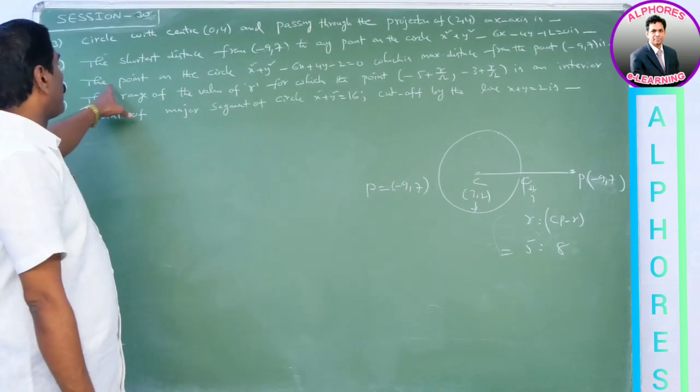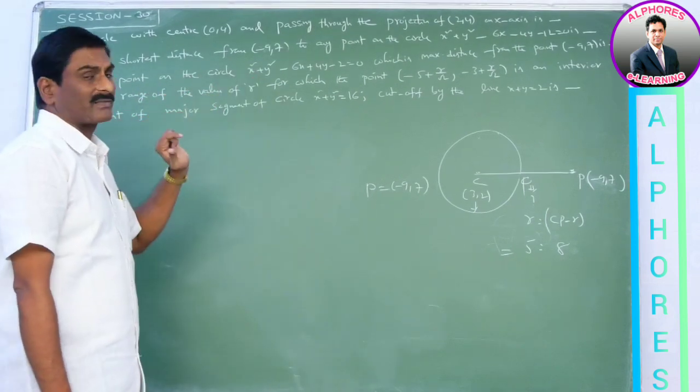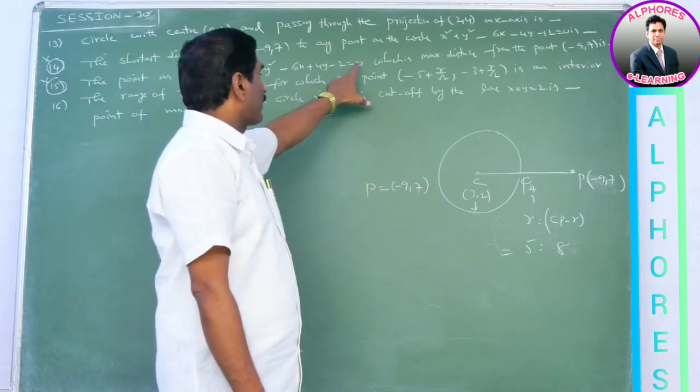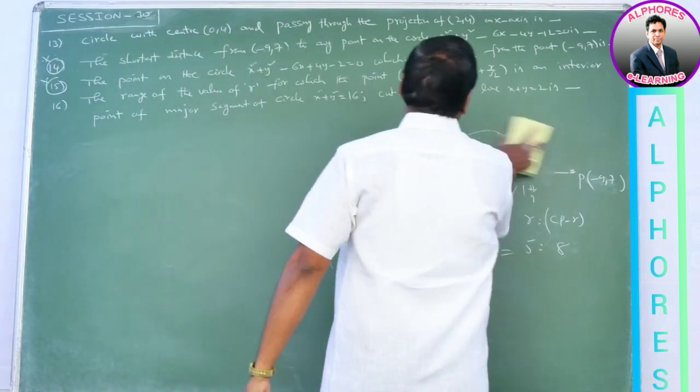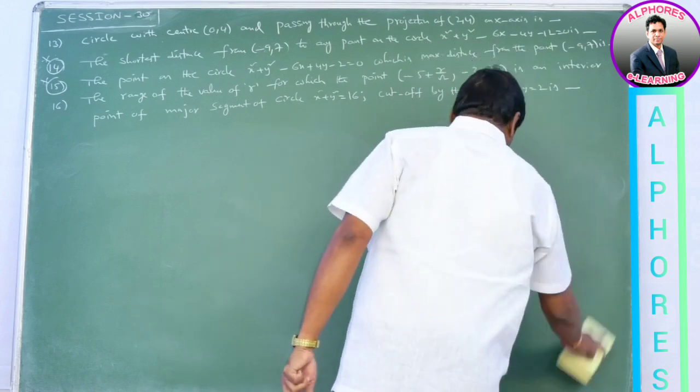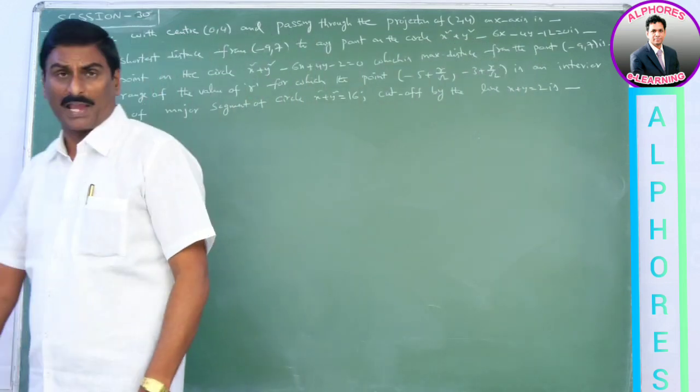Next 15, the point on the circle x square plus y square minus 6x plus 4y minus 2 is equal to 0, which is maximum distance from the point minus 9 comma 7 is dash.